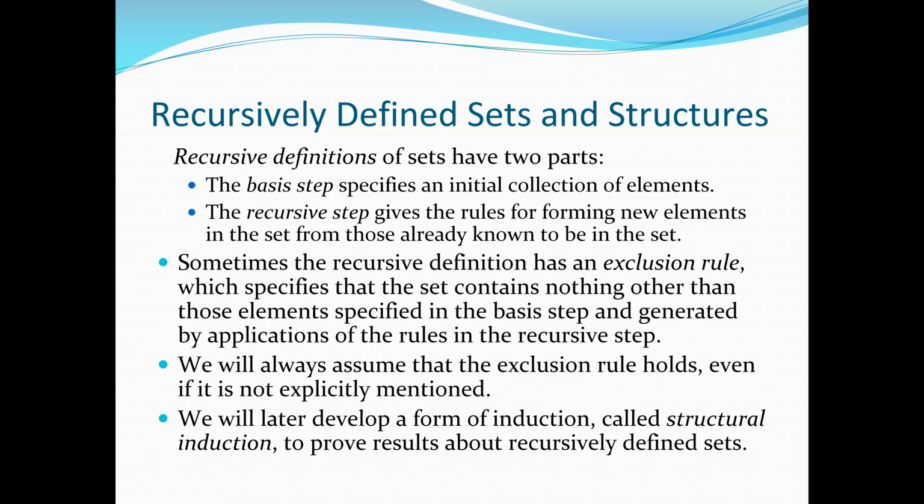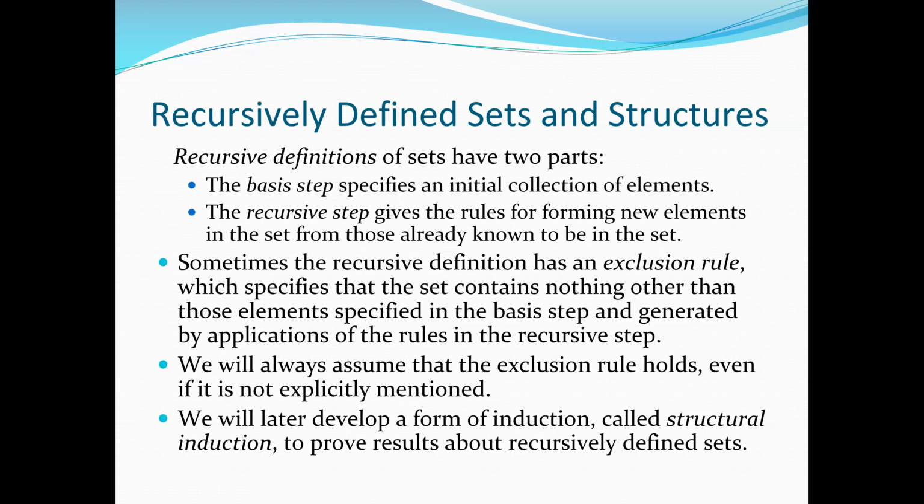So again, the two parts. The first is the basis step, which will specify the initial collection of elements. Then we have the recursive step or part, which gives the rules for forming new elements in the set from those already known to be in the set. So for the factorial of a number, the rule says you multiply the numbers in sequential order. If you have the factorial of 5, it will be 5 times 4 times 3 times 2 times 1.